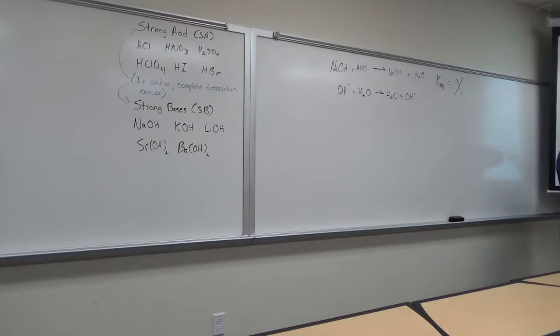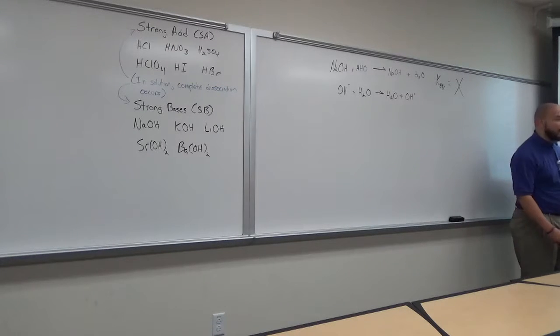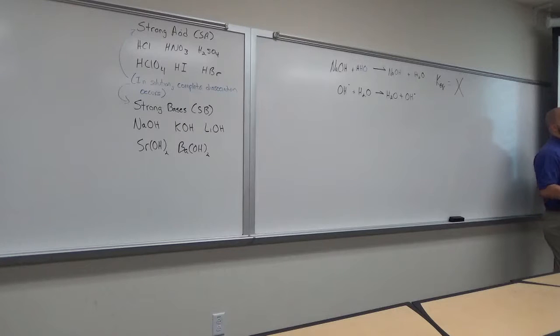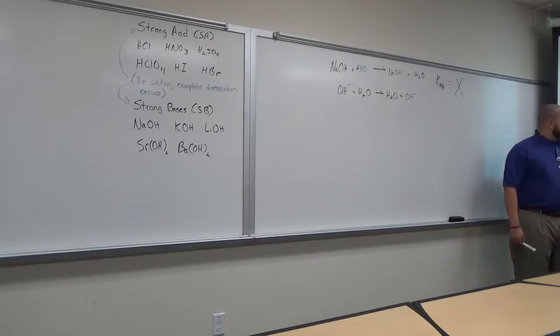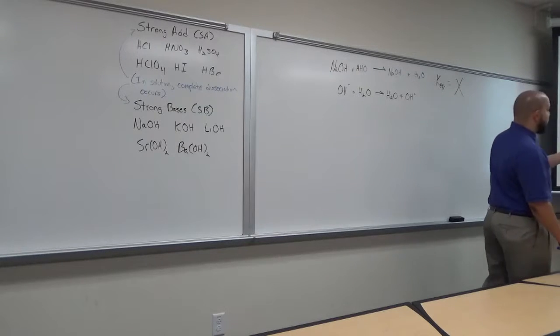So acetic acid and water creates hydronium and acetate. Acetic acid being vinegar. That's why vinegar has that kind of stingy taste. That is a characteristic of acids when you ingest them. So equilibrium favors the left side.